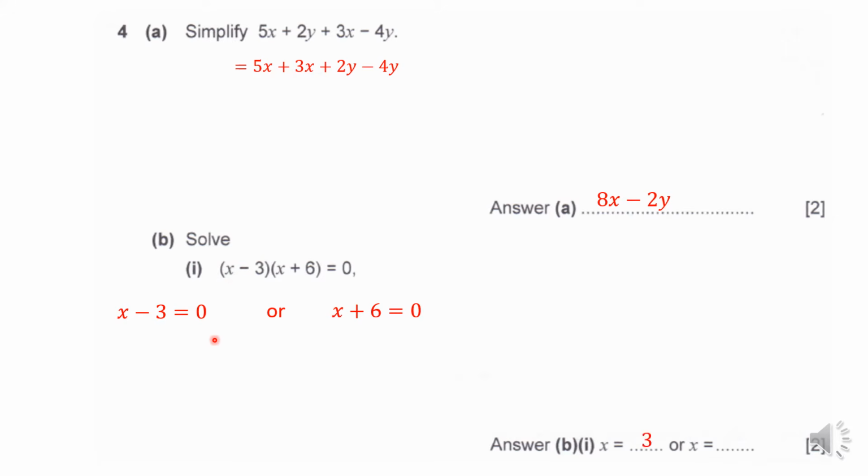Well, I should find 3, because if you put positive 3, that makes it 0. Or what number should I insert here to make this bracket 0, and it's negative 6. So you don't have to multiply and get a quadratic equation, it's already in factored form. Two solutions come by taking each bracket and letting each factor equal 0.